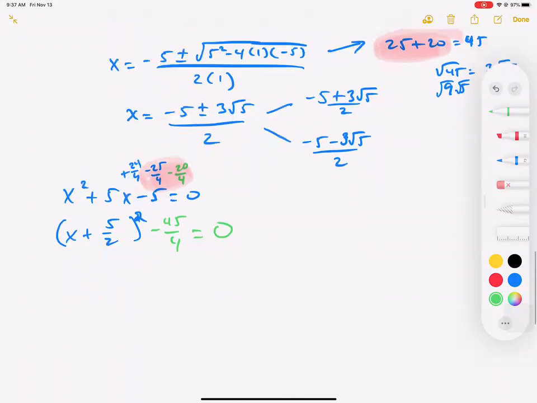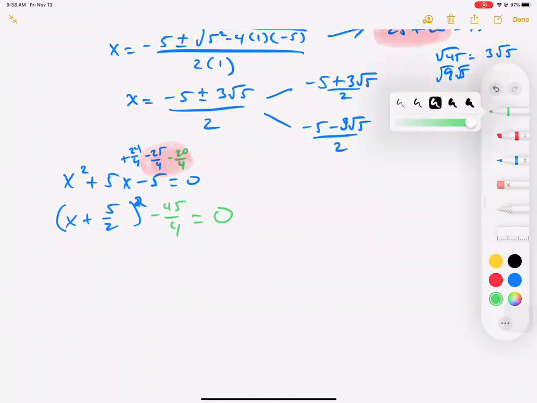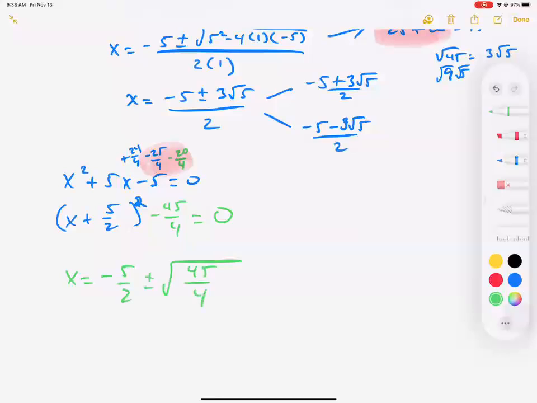All right, and then we're going to go ahead and solve for x. X equals negative 5 over 2, plus and minus the square root of 45 over 4. Now, if you guys zoom out a little bit, that's actually this answer here, right?